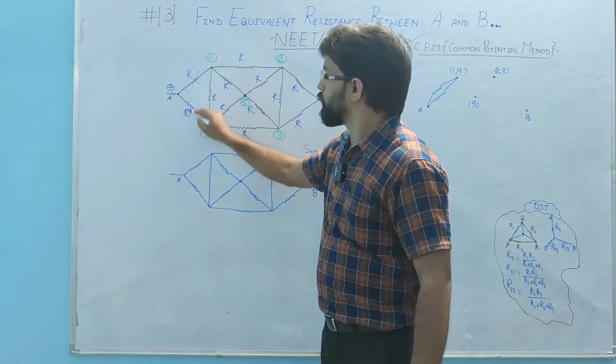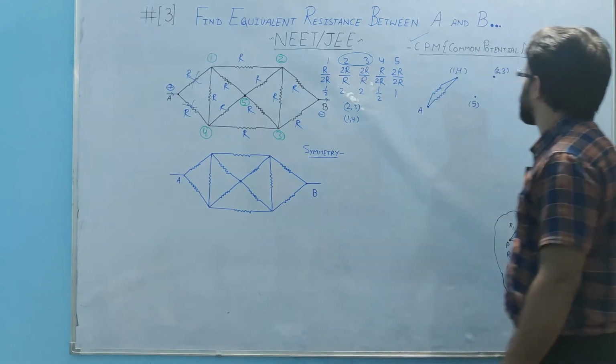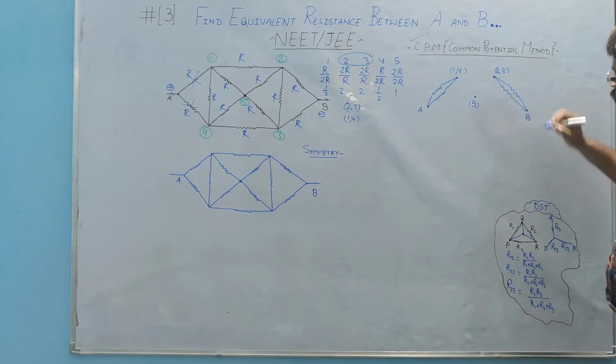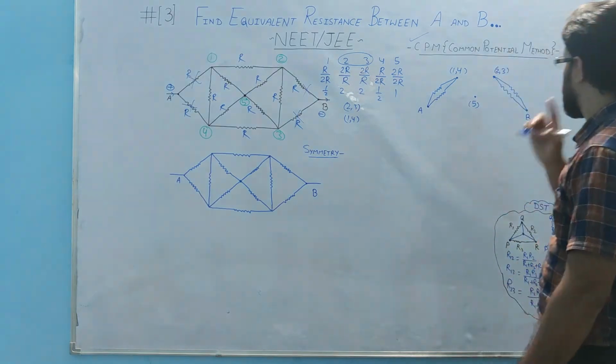Then this branch we have used: B to 2, B to 3. This branch we have used.